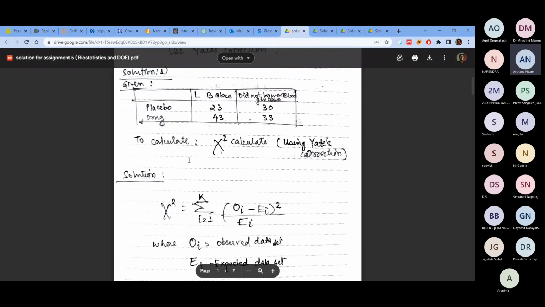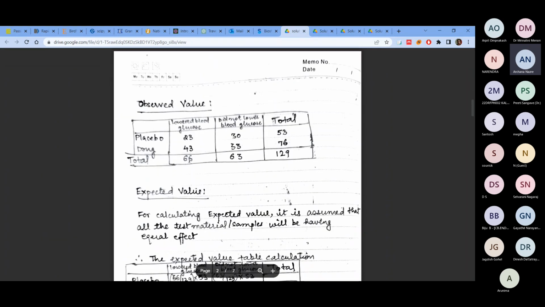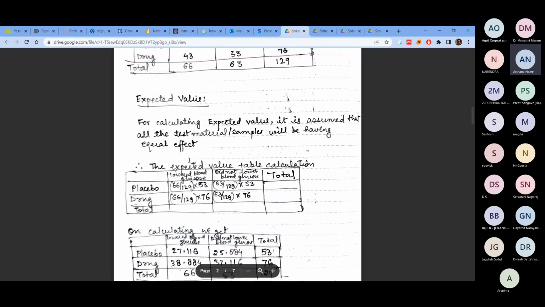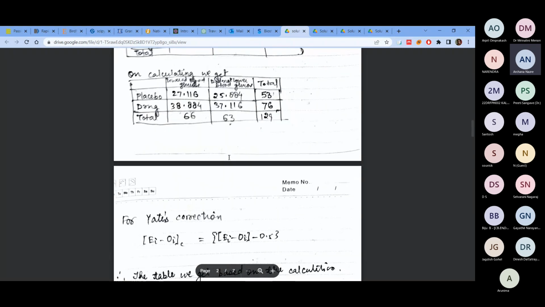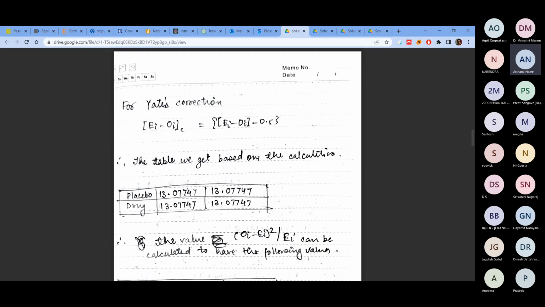Same first question only. Chi square, Yates correction. I thought till now Yates correction has to be used for each observation, like O1, O2, O3 and O4. You get expected value, that is RT1 into CT1 divided by GT. I've used that formula.